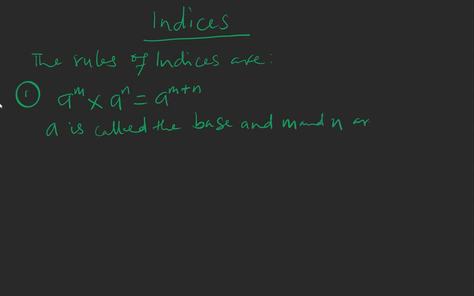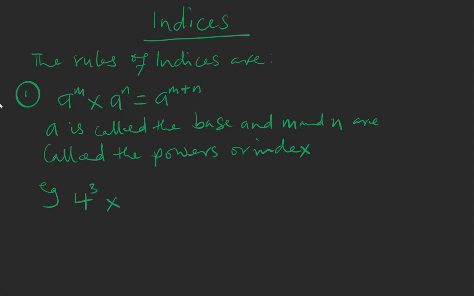What you should be looking out for is that when you are applying indices in your algebra, the base must be the same. In this case, a raised to the power m and a raised to the power n have the same base a, and so we add their powers.